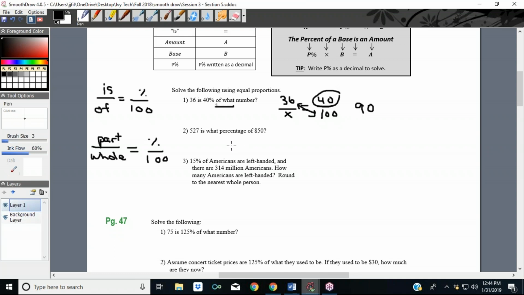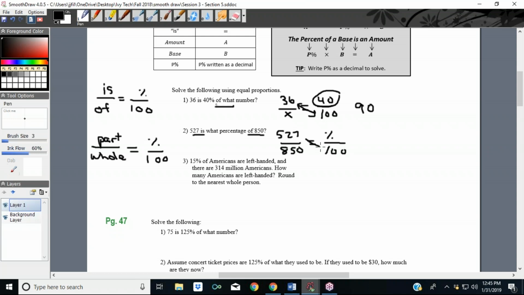And let's set the next one up. 527 is what percentage of 850? So 527 goes in the is spot. It says of 850. So that's the of spot. And it says what percent? We don't know, but we know the 100 goes down there.